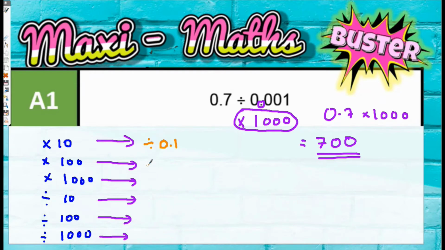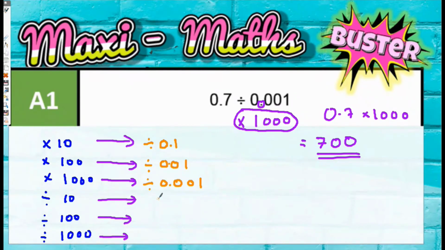Timesing by 100 would be the same as swap the times for a divide, flip the digits round, 0, 0, 1, and put your decimal point back in. So 0.01. Timesing by 1,000 is the same as swap the times for a divide, flip the digits round, and put the point back in.